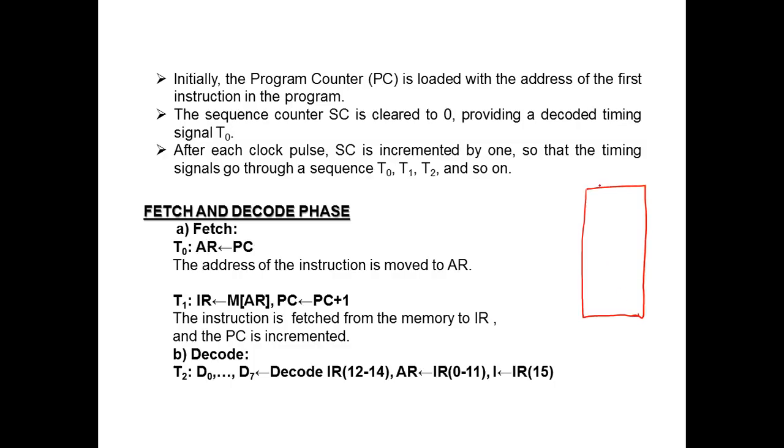So let's start with a scenario. Suppose this is the memory array consisting of memory addresses 0, 1, 2, 3, 4, and so on up to 100, 101, and so on up to, let's suppose, 4095. The size I am taking is the same.